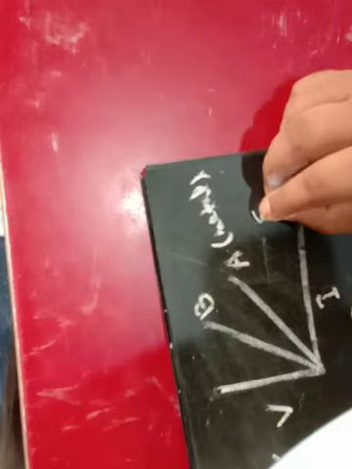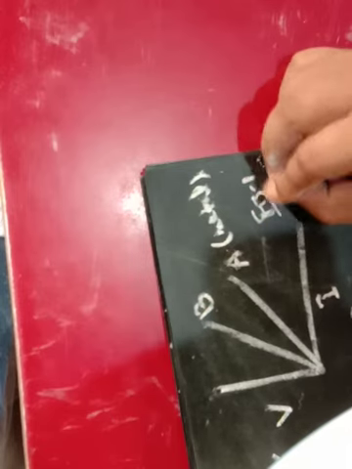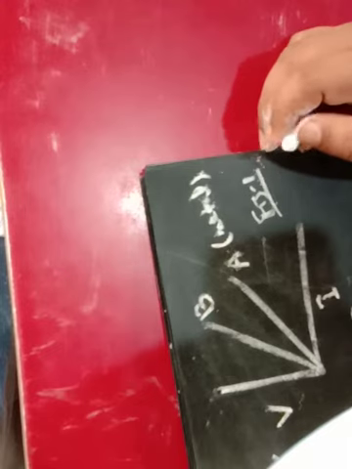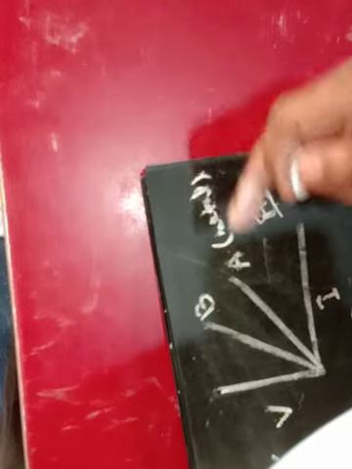If the first question comes here, which metal is having more resistance? For figure number 1, which metal is having more resistance? B, because the slope of B is more than the slope of A, so B is having more resistance.